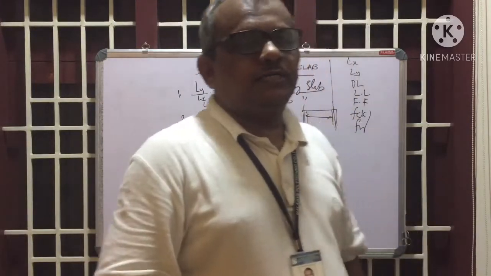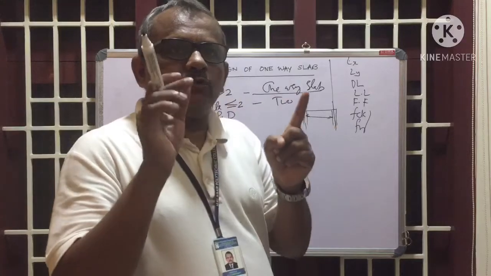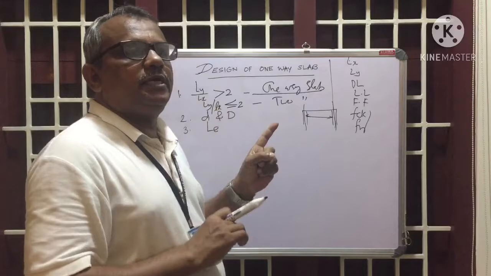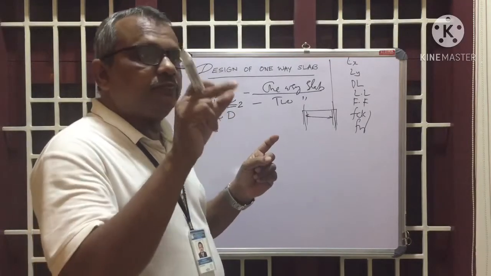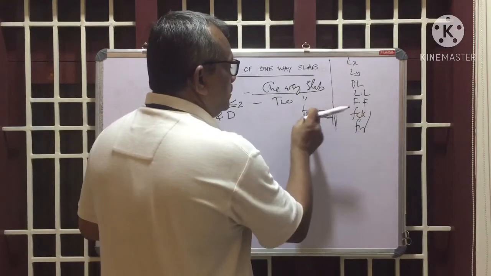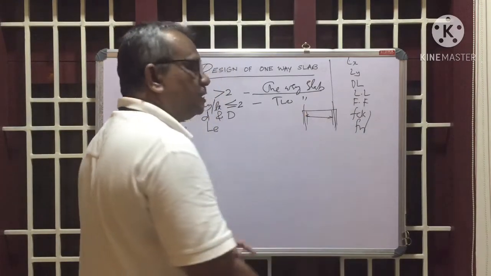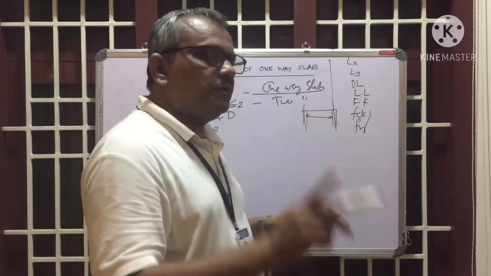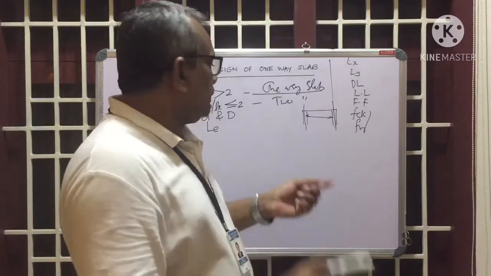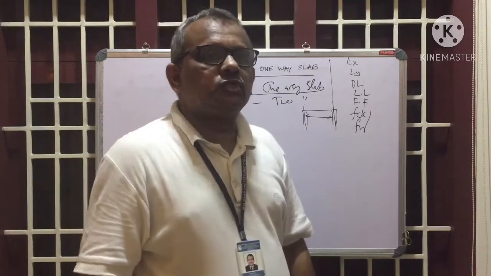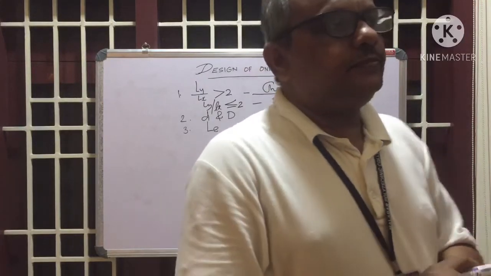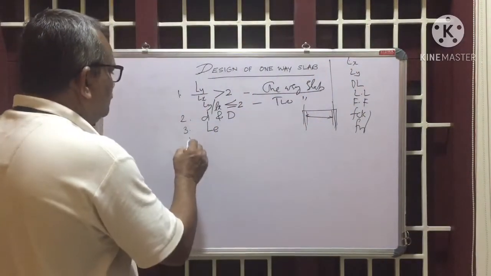As per the code criteria, effective span is equal to the lesser of: clear span plus effective depth d, or clear span plus half the thickness on the left hand side plus half the thickness on the right hand side, that means clear span plus one thickness of the support. So from these two criteria, you can decide the effective span of the beam. That is the third step.